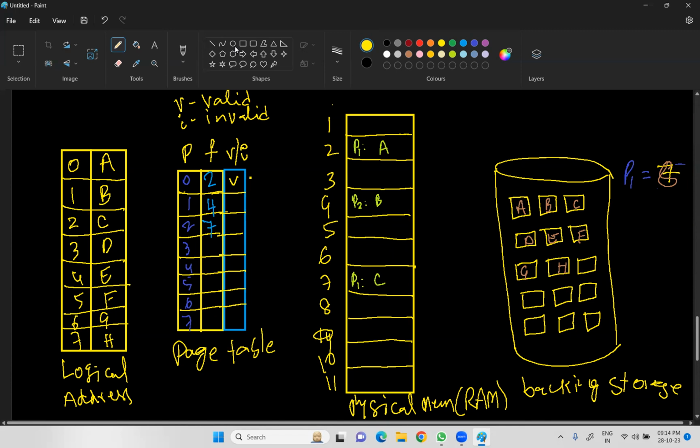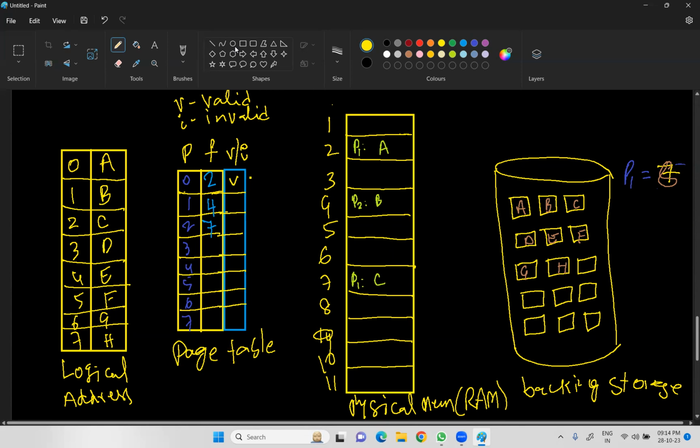Let me give one example, page number 0. Does page number 0 exist within the main memory under a frame or not? Yes, page number 0 exists at frame number 2. So against page number 0, the valid or invalid bit will be set to V.